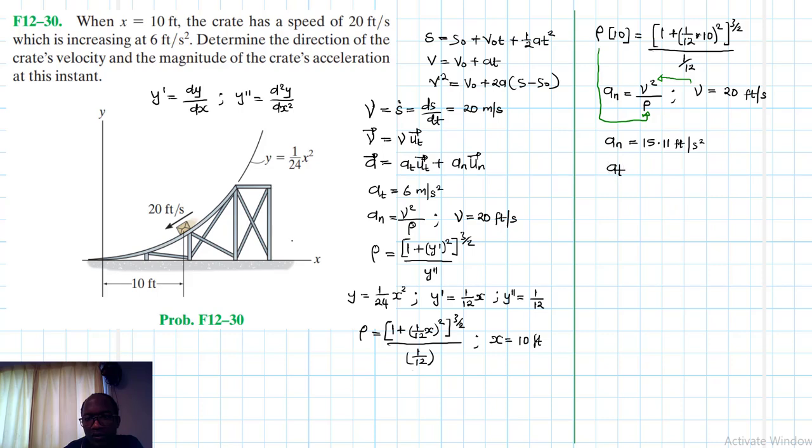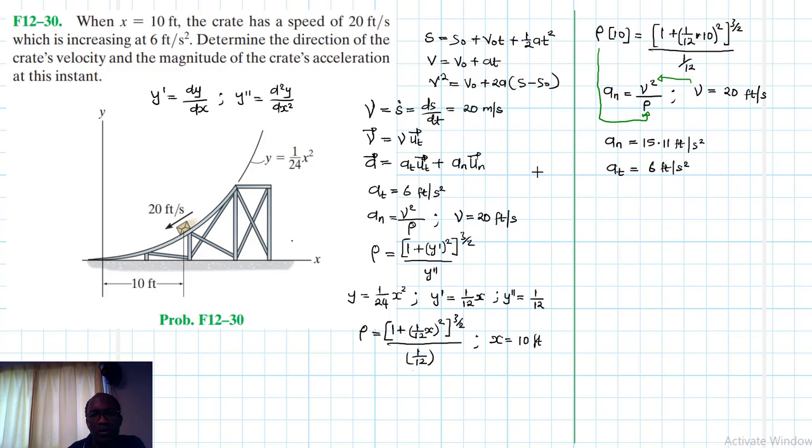We also found at, which was just constant throughout, and it is 6, not meters, sorry again about that. When we are used to SI units, sometimes, okay. So this is 6 feet per second squared.